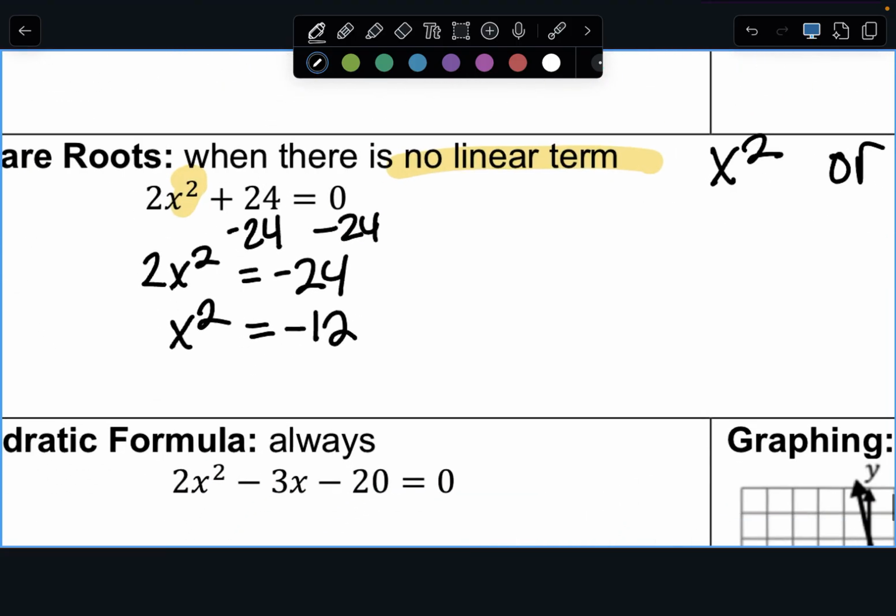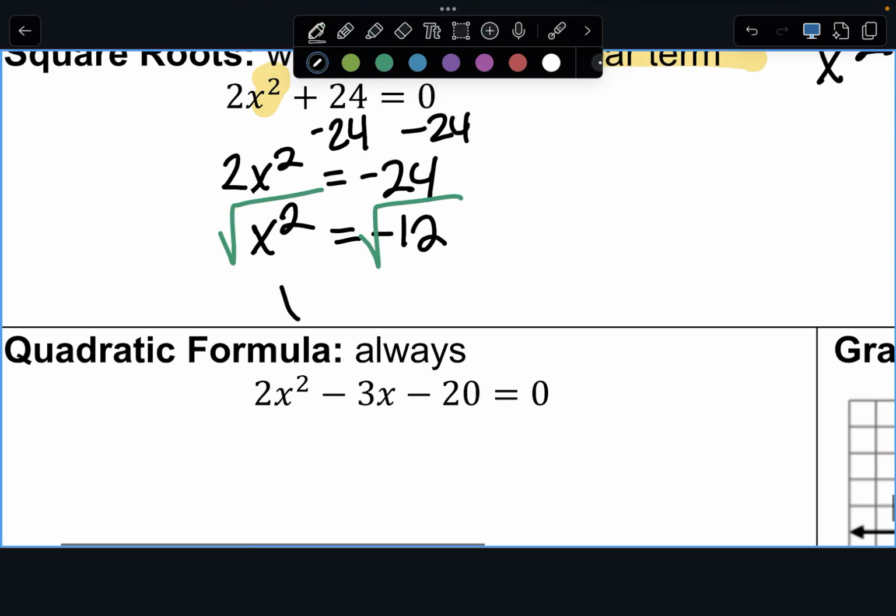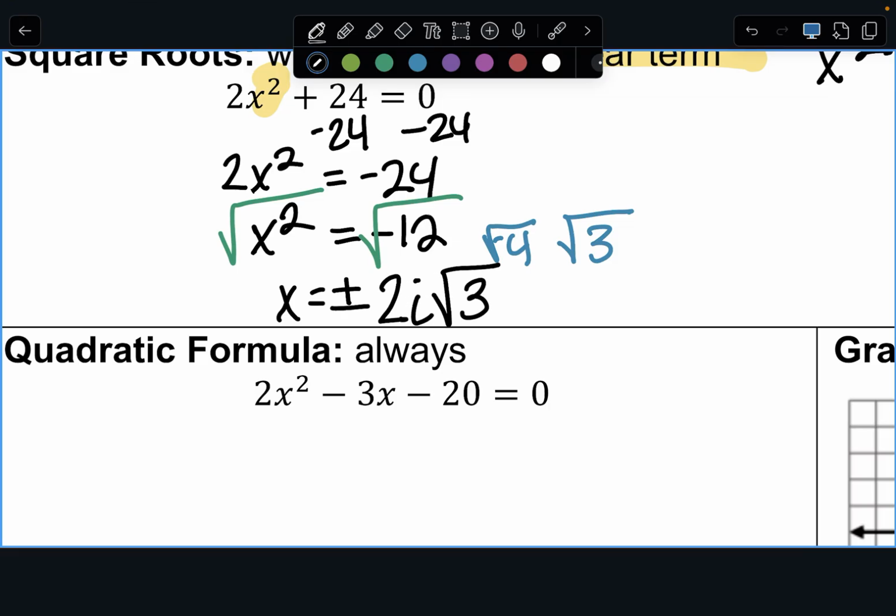I square root both sides. I get x is equal to plus or minus root 12. What perfect square factor fits into it? 4 and 3, and I'm going to stick my negative with the 4. What is the square root of negative 4? 2i. So final answer, 2i root 3.